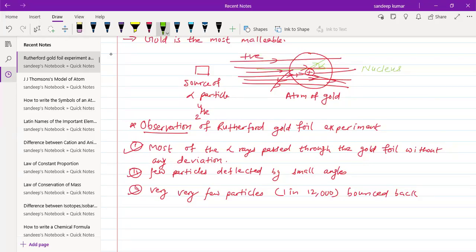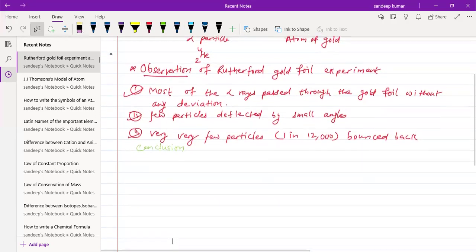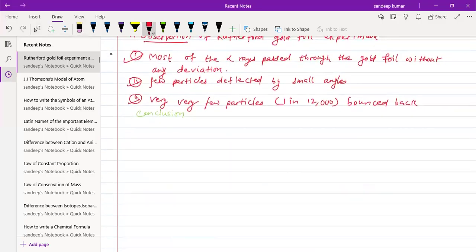Now we can write the conclusions. What are the conclusions? Most part of the atom is empty. Or we can say that an atom is made up of two main parts.